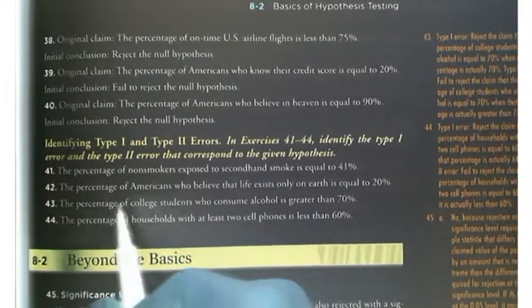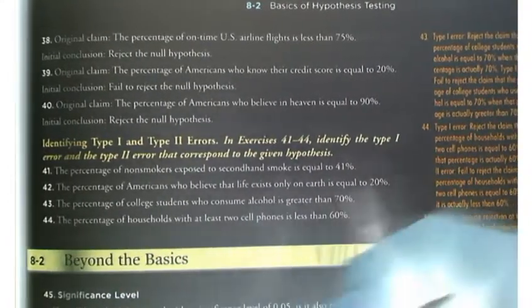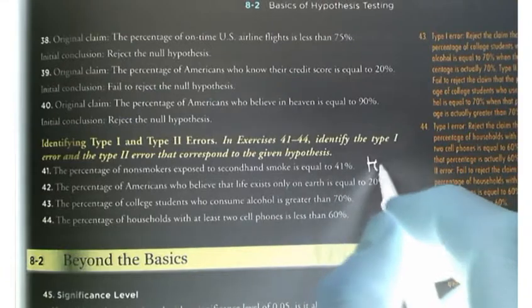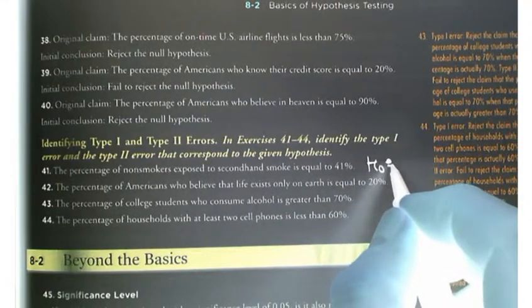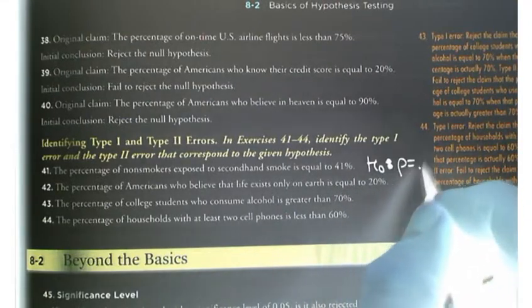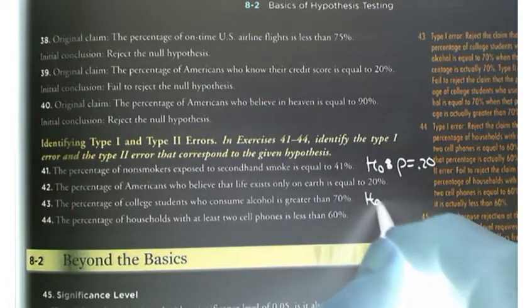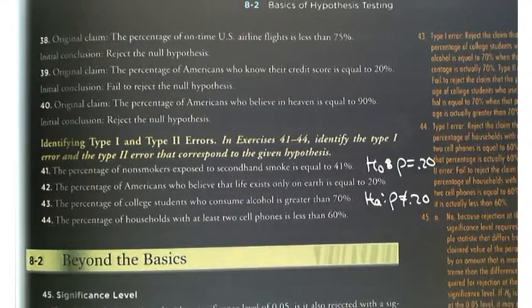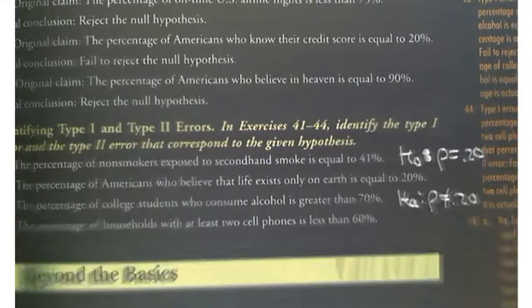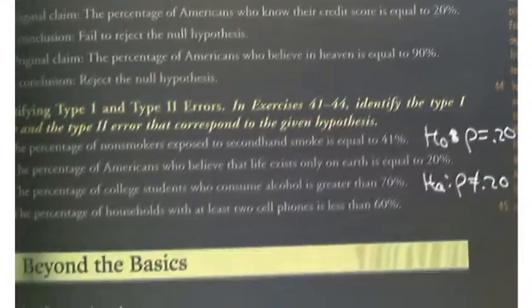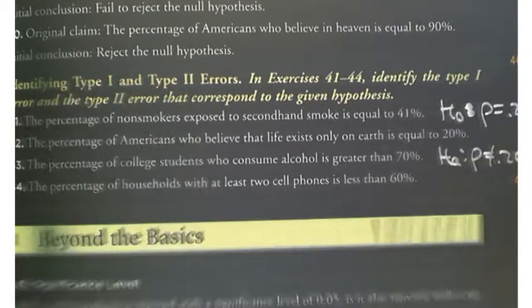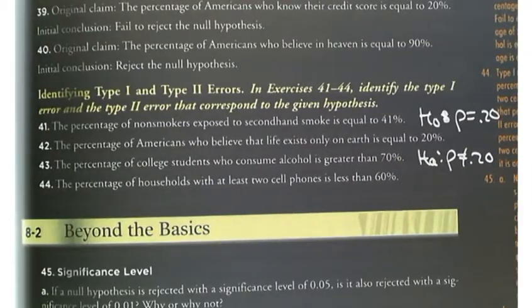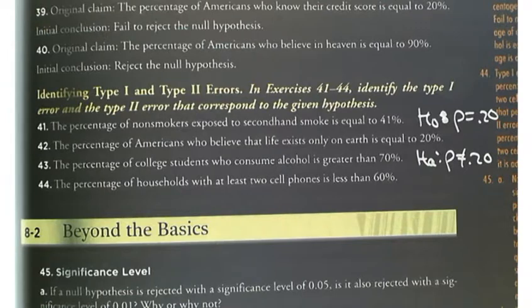So it's going to be H0: p equals 0.20 and HA: p is not equal to 0.20. So let's see if we can figure out what a type 1 and a type 2 error is for this case.